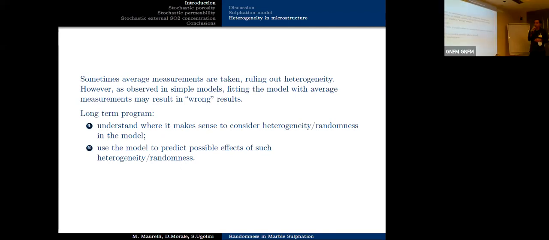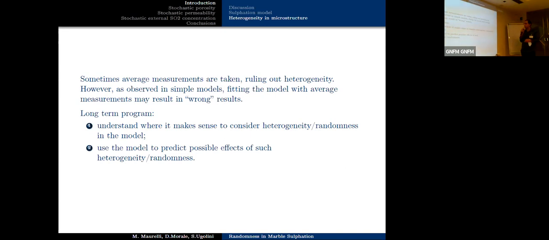However, it could be that this heterogeneity, this uncertainty, still remains even at the micro level, and ruling out heterogeneity by taking averages could lead to the wrong result. I will try to show you a very simple example about that later on.